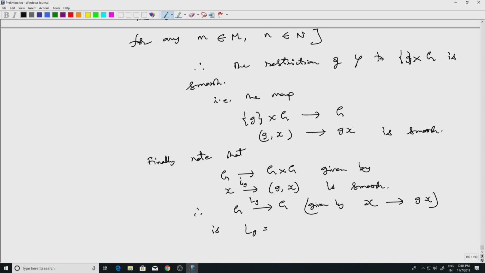I start with G, put it inside G cross G by i_g, then apply phi. Both of these are smooth, so this is smooth as well.